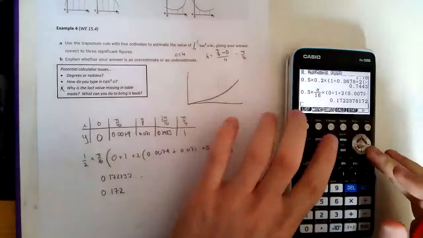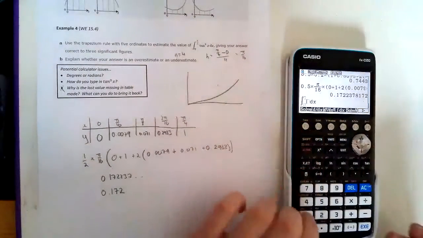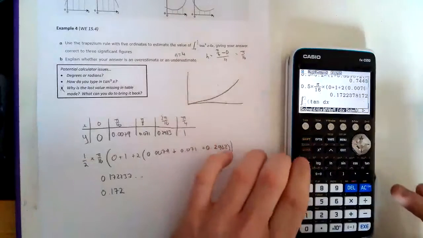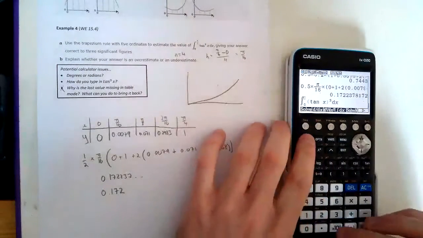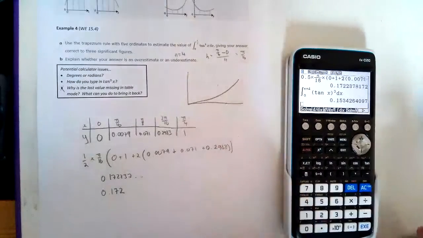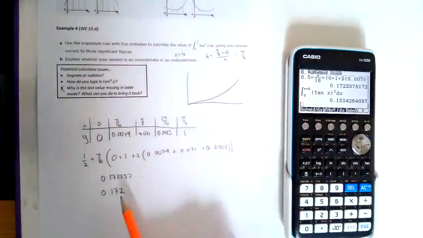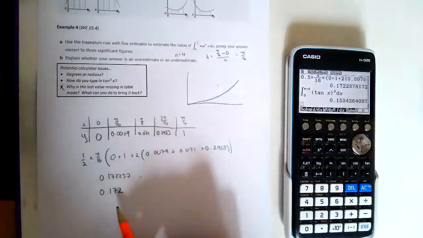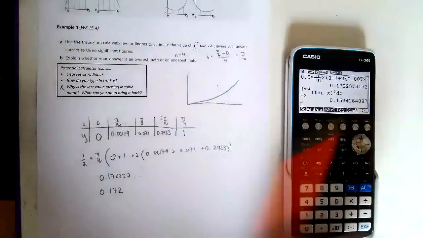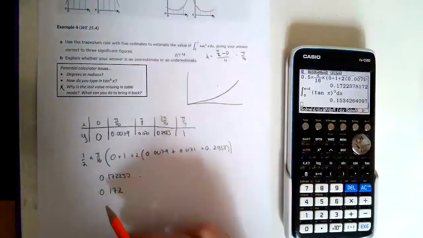And just to double check again, we're doing tan x cubed between 0 and pi over 4. So we got 0.153, so it's close to 0.172. You can see from here, it's an overestimate.